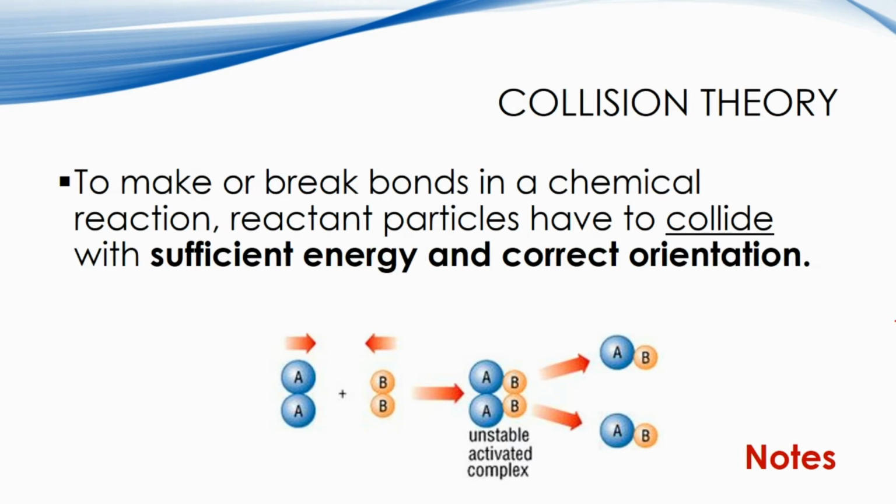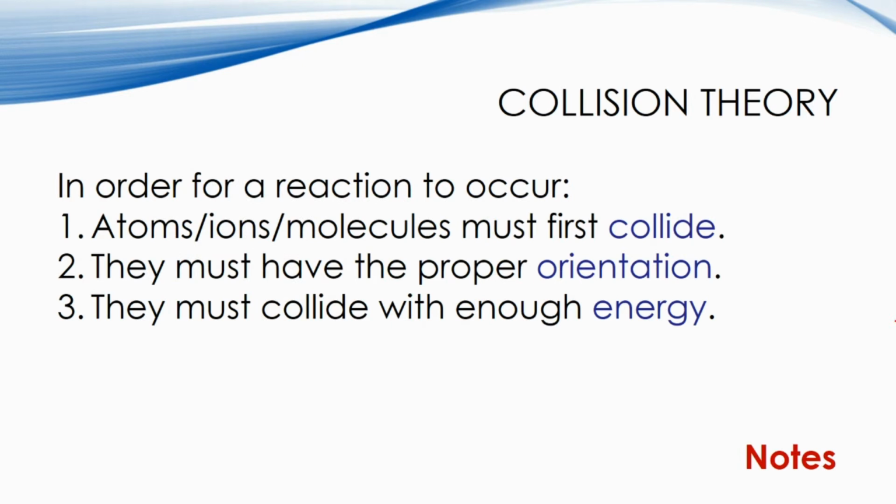But they also need to interact with enough energy and in the correct orientation. And that goes back to polarity. So when we talk about collision theory, we're talking about not just collisions, we're also talking about sufficient energy and correct orientation.